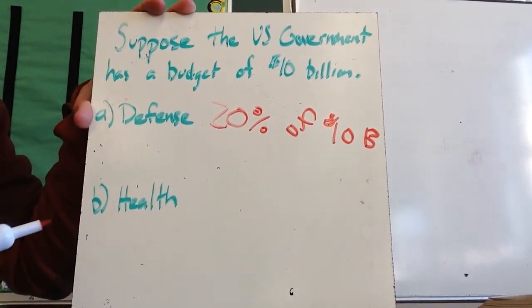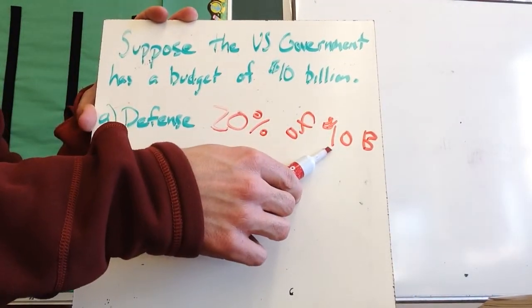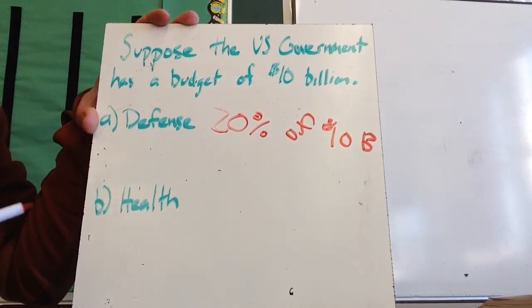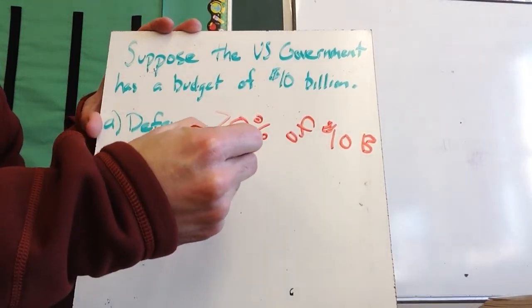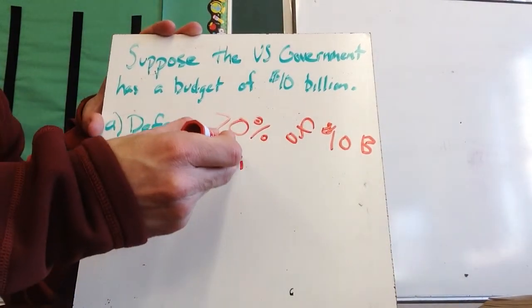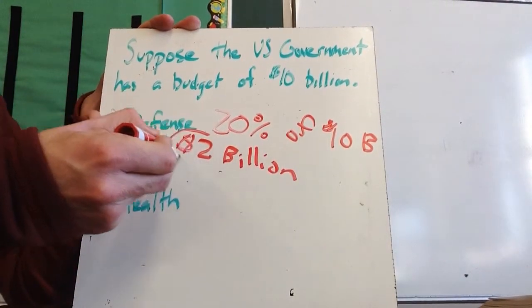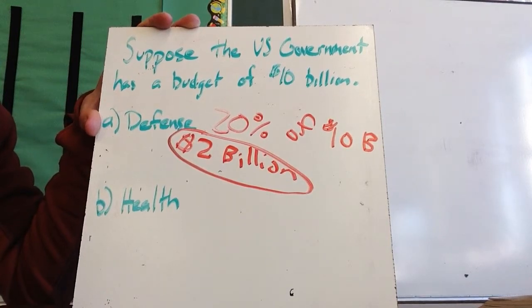Another way is to think of 0.2 times 10, which gives me 2, so this is going to be 2 billion. So they're planning to spend $2 billion on defense, or that's what's in the budget.